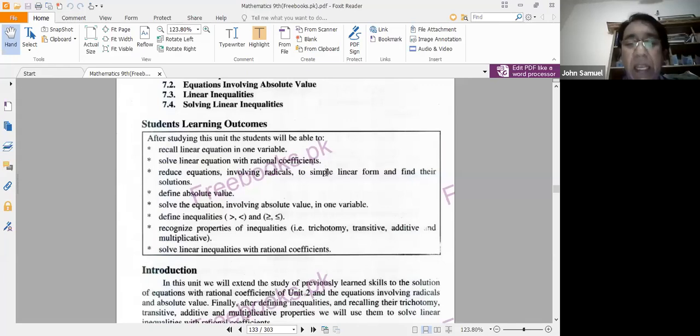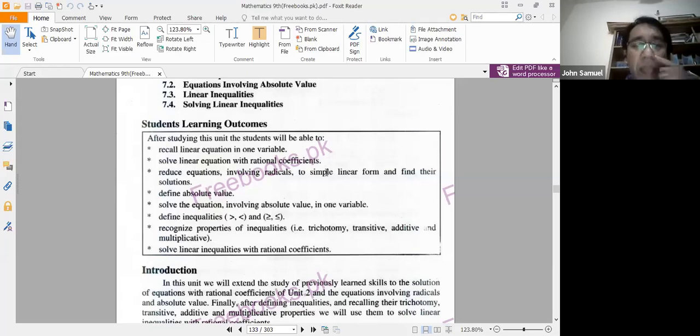I will tell you about the rational coefficients, which you have already studied in chapter number 2, and the equation involving radical and absolute value, which is not our topic today, but by tomorrow or in the next week, you will study about radical as well as absolute value.